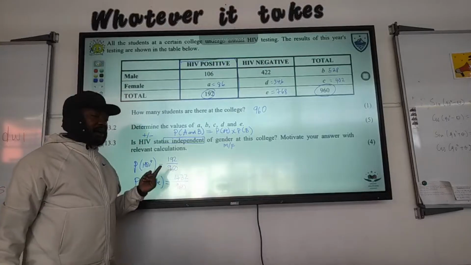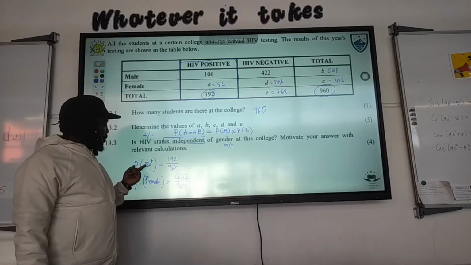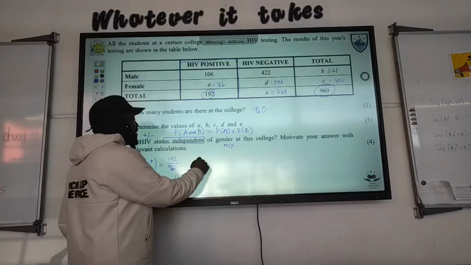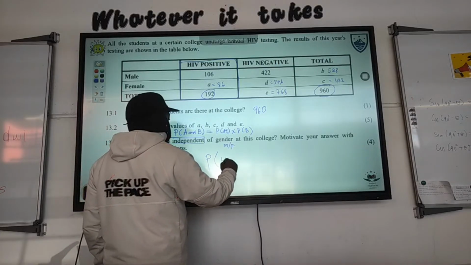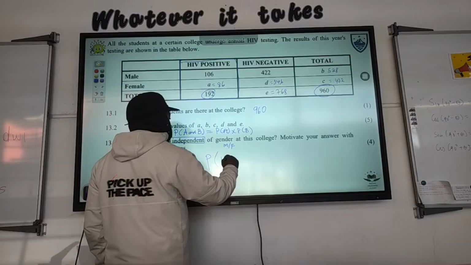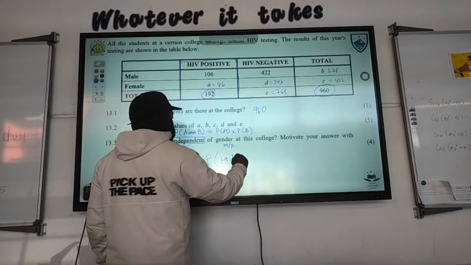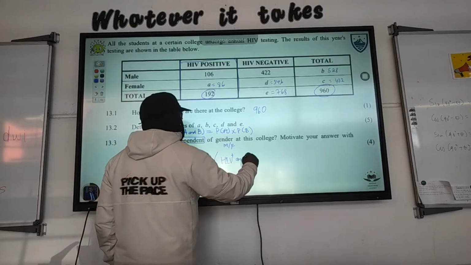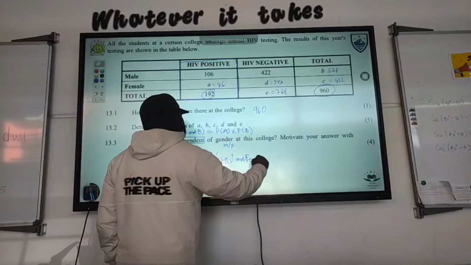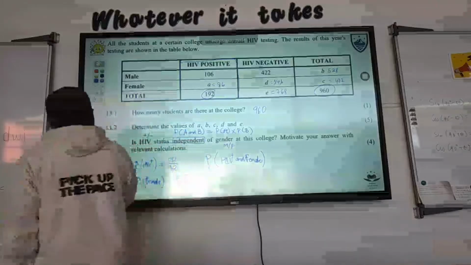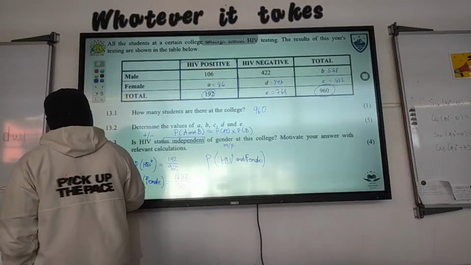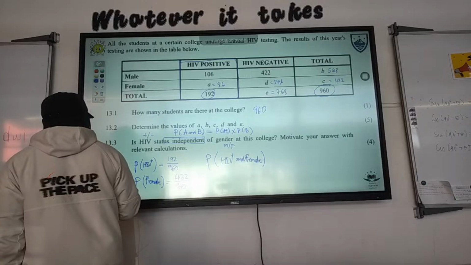Because I selected HIV positive and female, I must also find the probability of being HIV positive and being a female. This is representing our status, and this is representing our gender.